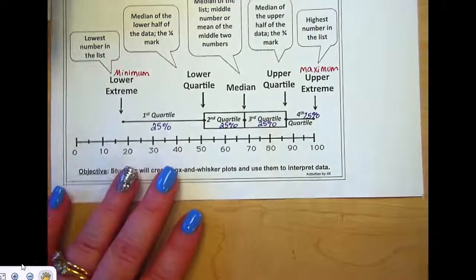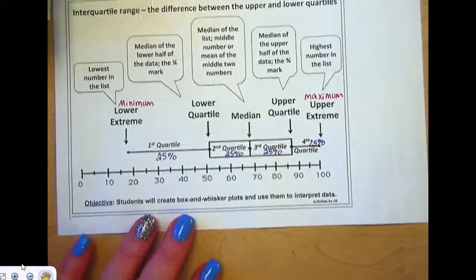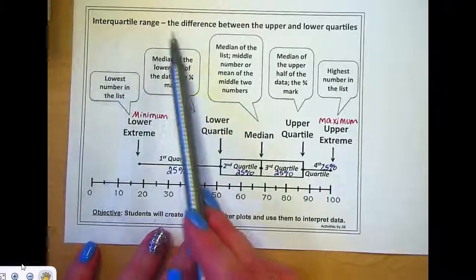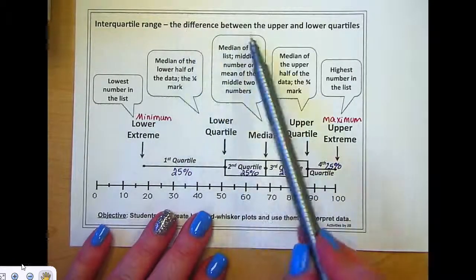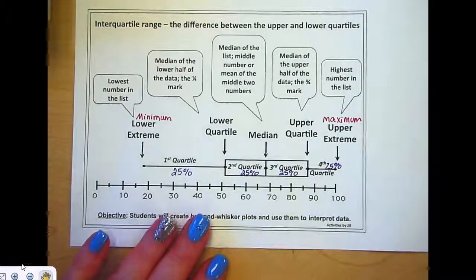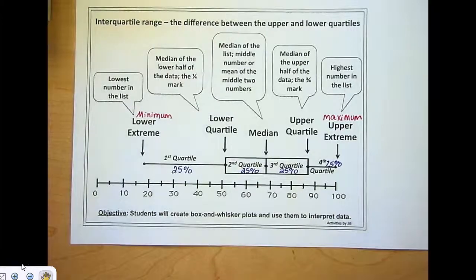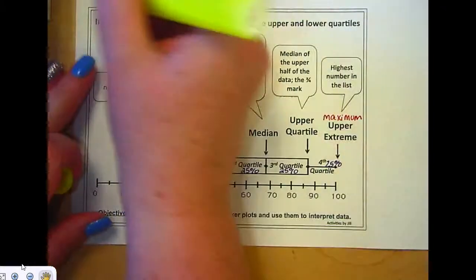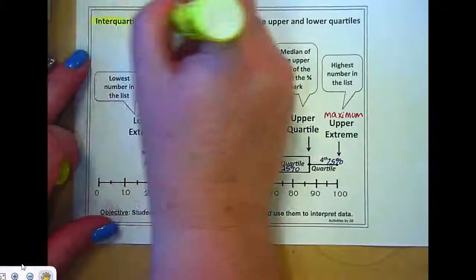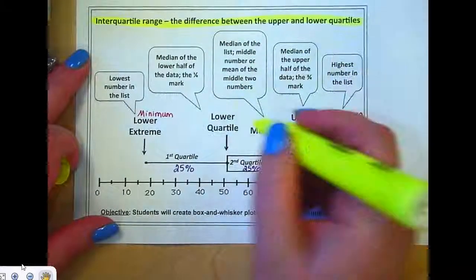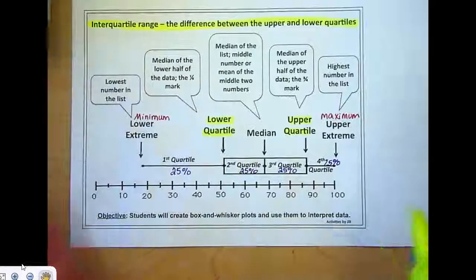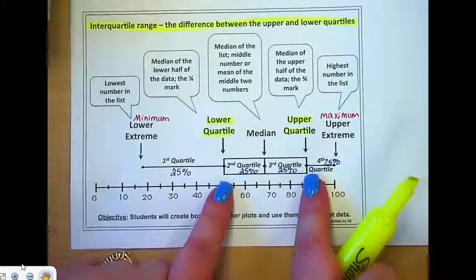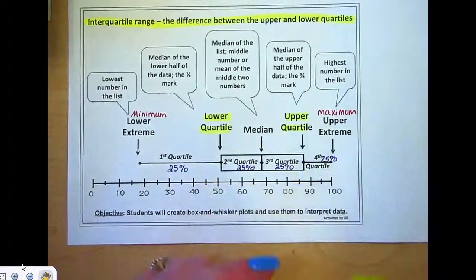Okay. All right. So the other thing that you need to know is the interquartile range. The interquartile range is the difference between the upper and lower quartiles. So a lot of times you're going to be asked what the interquartile range is. That's the difference between the lower quartile and the upper. You would subtract the upper and the lower.